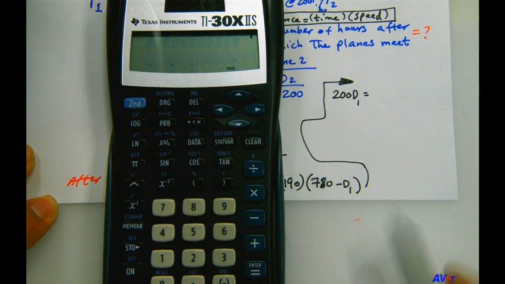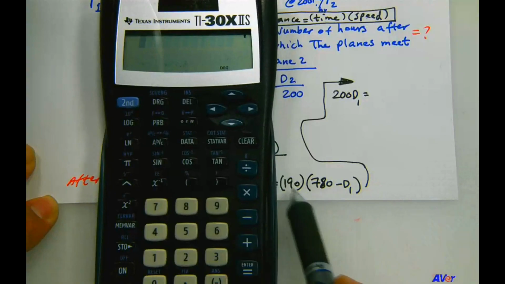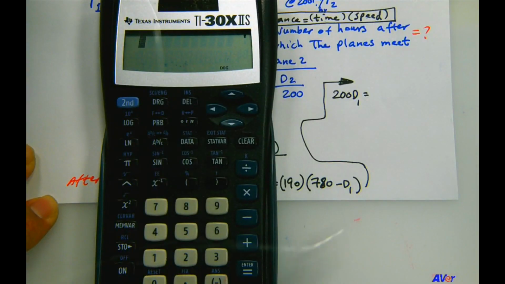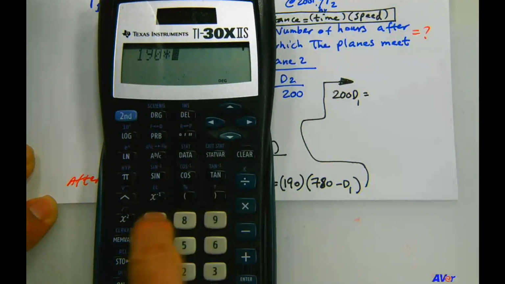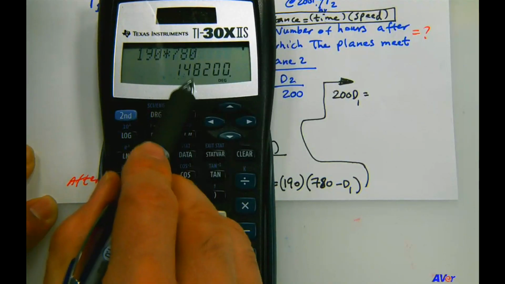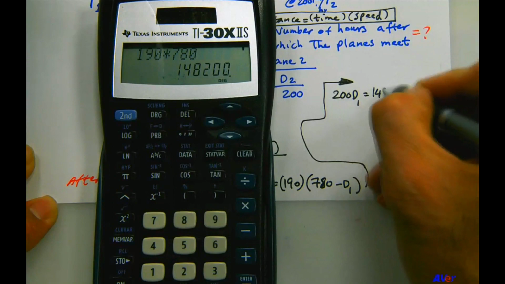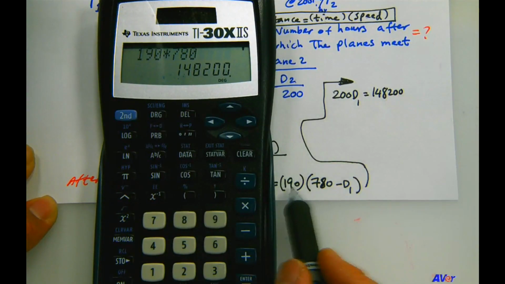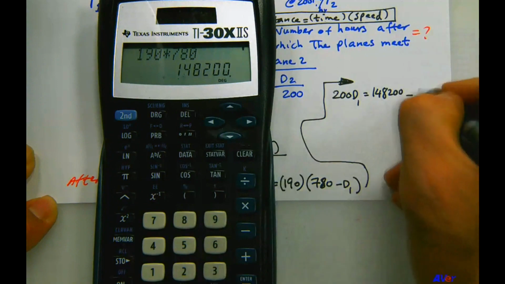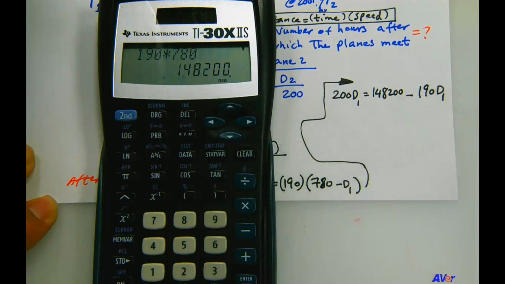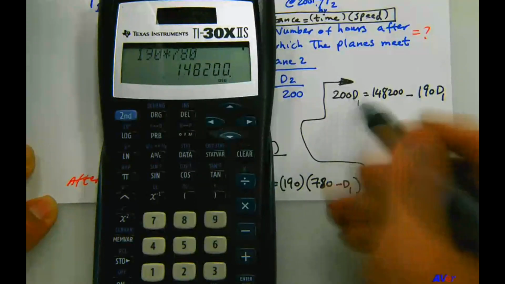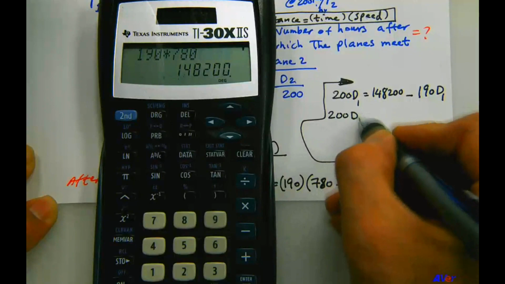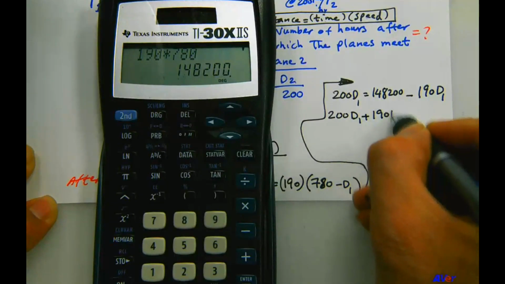So we're distributing the 190 into these two terms. 190 times 780, we have 148,200. And 190 times minus D1 is minus 190 D1. Okay? So then if we move the negative 190 D1 to this side with the other D1, we get 200 D1 plus 190 D1, right?